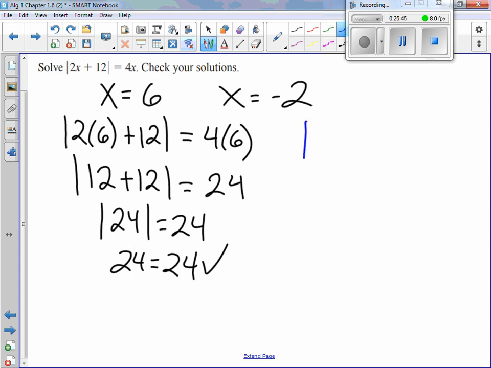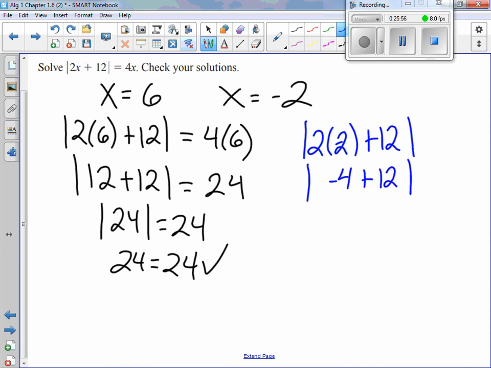So let's do negative 2. So 2 times negative 2 plus 12. I'm going to only worry about the one side. 2 times negative 2 is negative 4. Negative 4 plus 12 is 8, yes? Absolute value of 8 is 8.